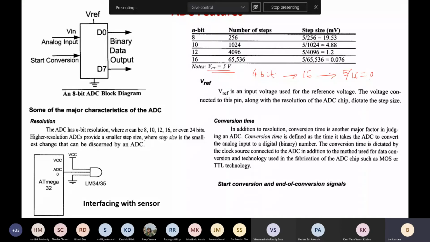Something like 0.31 volt, around 310 millivolt.